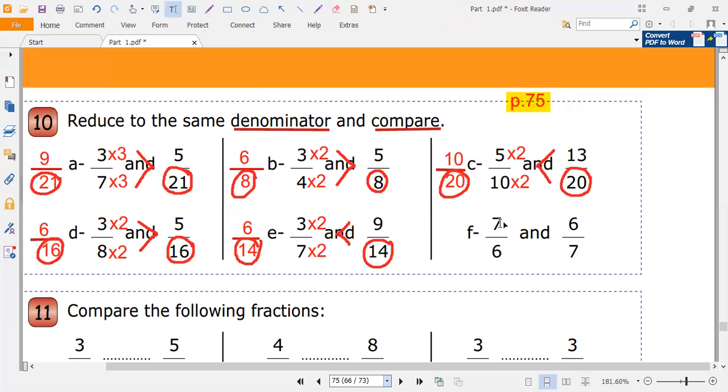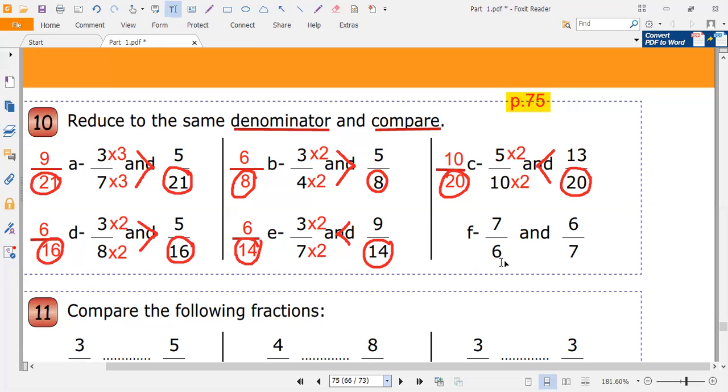Now look, we have 7/6 and 6/7. The 6 cannot become 7, and 7 cannot become 6. So what we have to do here? 6 is not a multiple of 7 and 7 is not a multiple of 6. Here we cannot multiply the 6 by a number to get 7, and we cannot divide the 7 by a number to get 6.